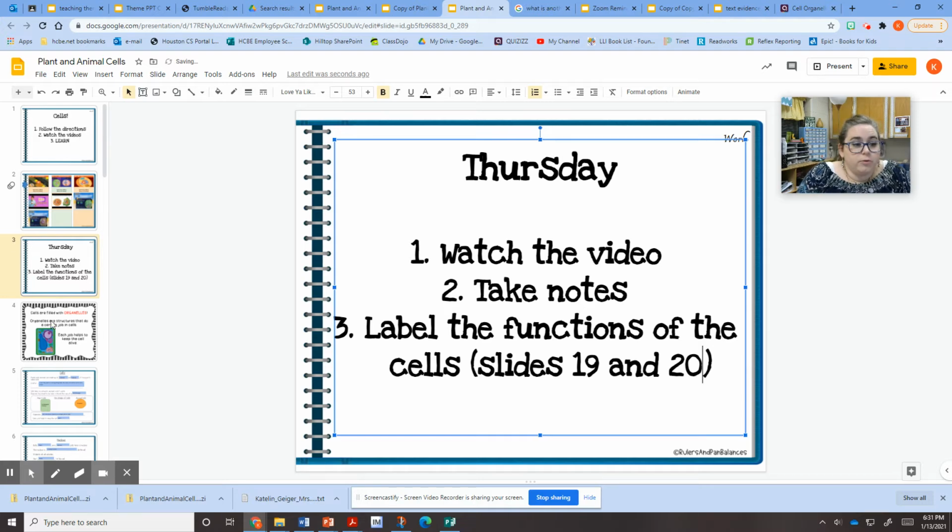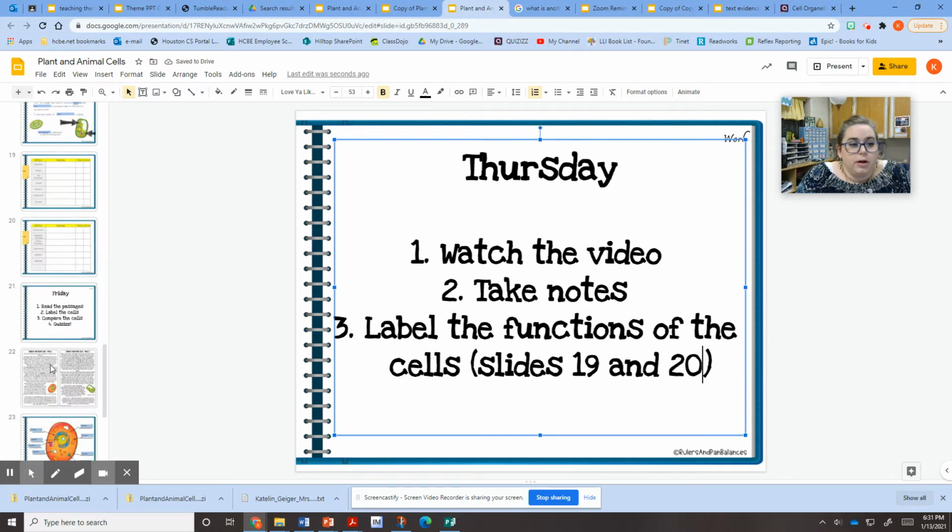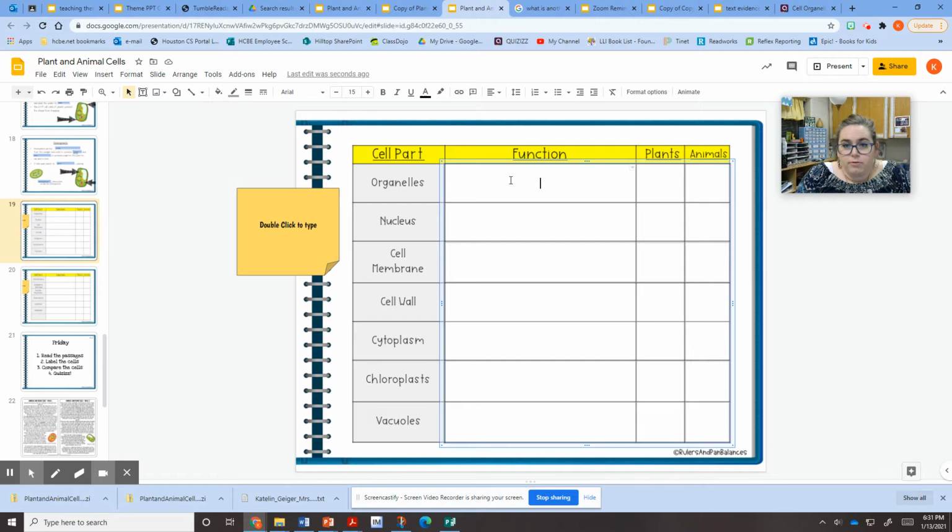So the functions of an organelle, when I come down here, would be jobs that keep a cell alive. And then they are in both plants, yes, and animal cells. So that's basically what it's asking for you to do for all of them. And if you take good notes, then you'll be able to fill this out.